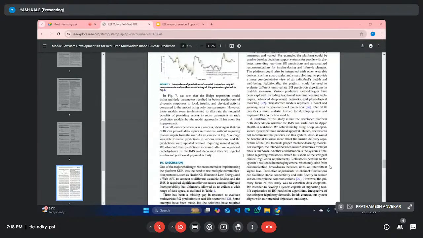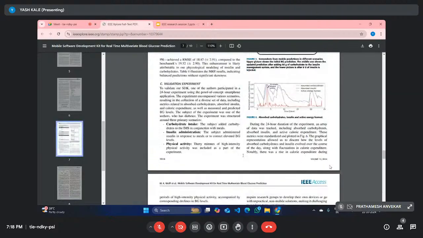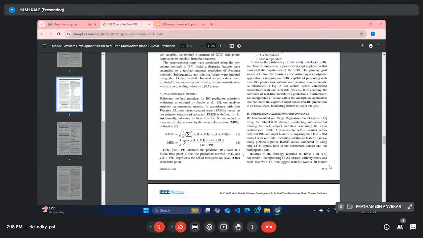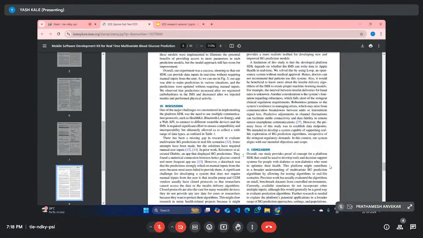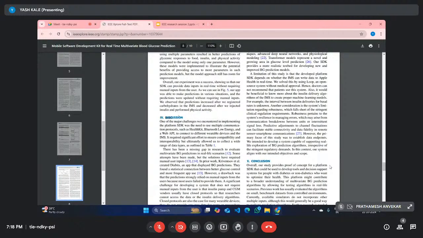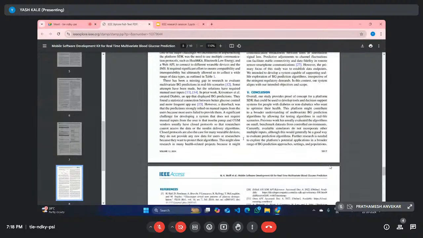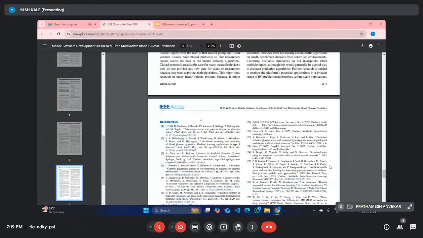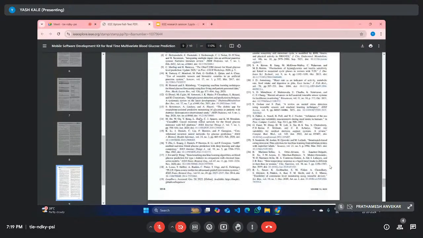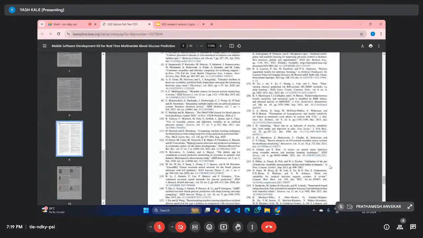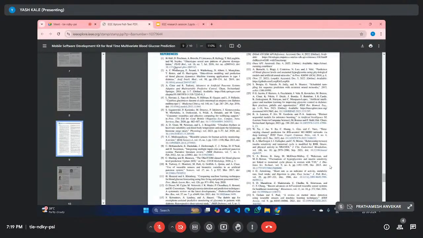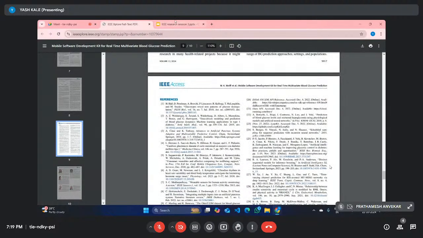In some conferences, each section might have a different but somewhat similar name, and there might be different sections for results and discussions, as in this research paper, where there are separate sections for the results and discussion. Then we looked at the conclusion, and then the references that have been made throughout this research paper. Usually after references, we do not mention anything further, and it marks the end of the research paper.